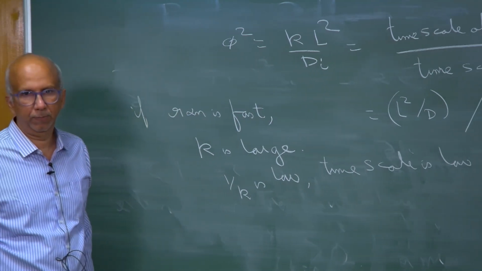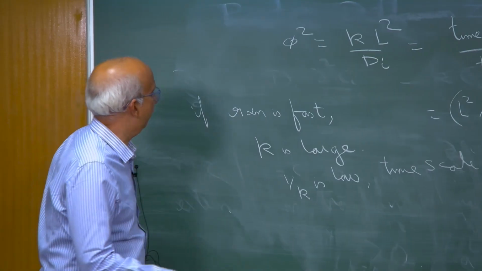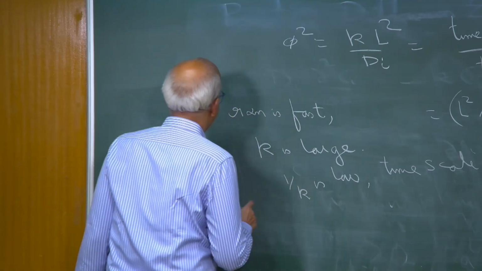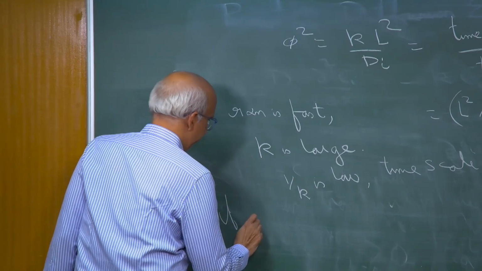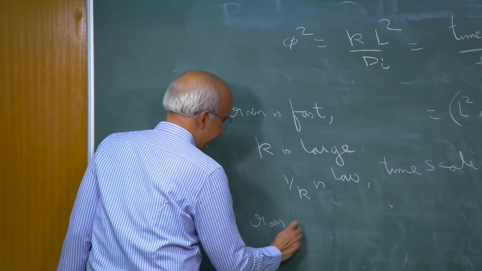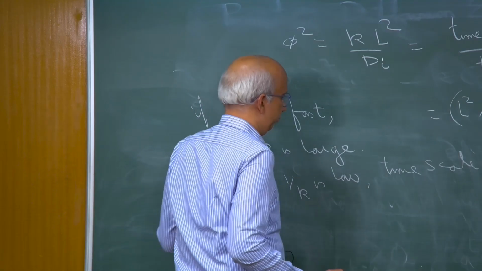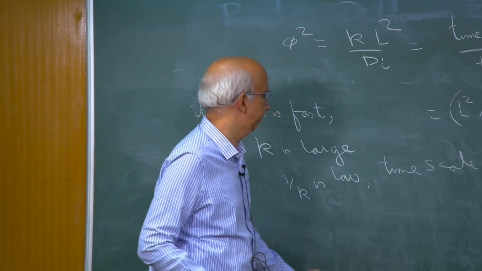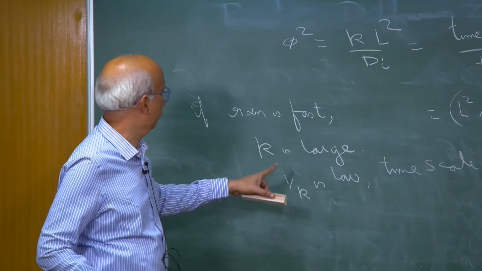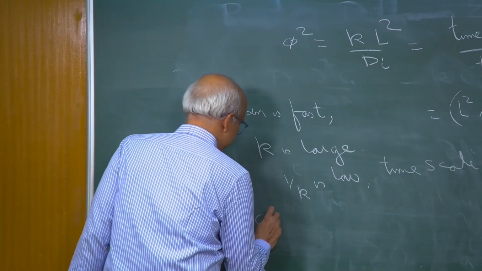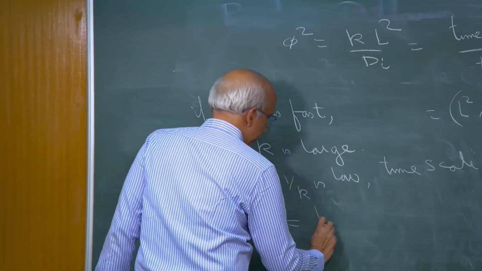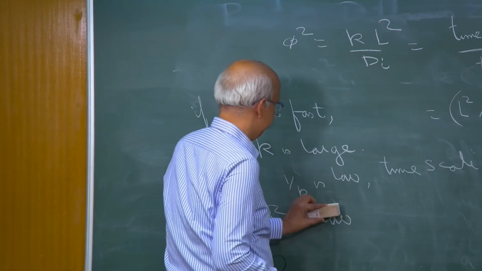Okay. So, what is the other case? Wait, let's do it slowly. So, reaction is fast, K is very high. So, phi squared, what will phi squared be? K is high, right?